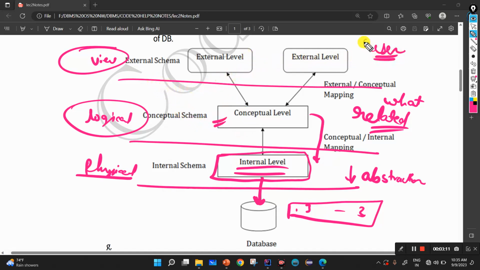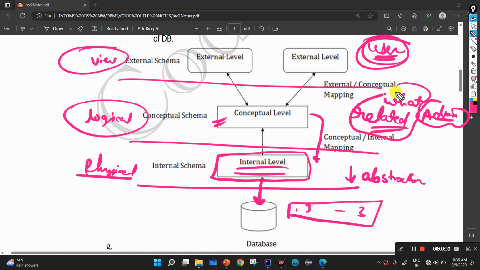Our user stands over there and our admin, the DBA, database administrator, stands there. Now the admin guarantees what relations are there and how data is related to each other.